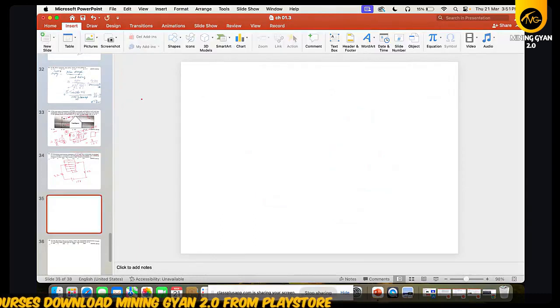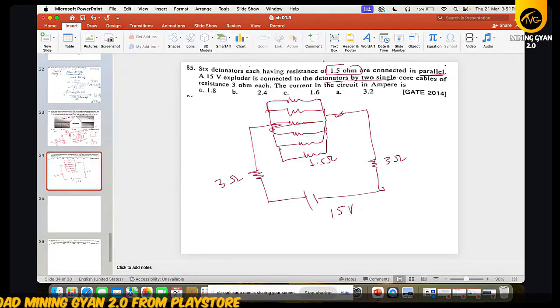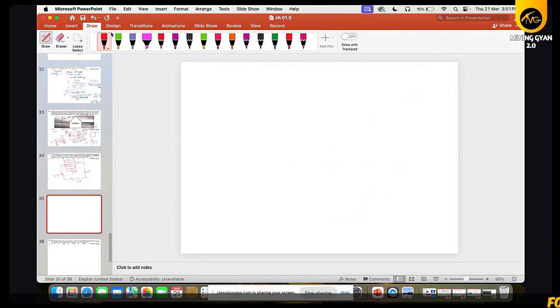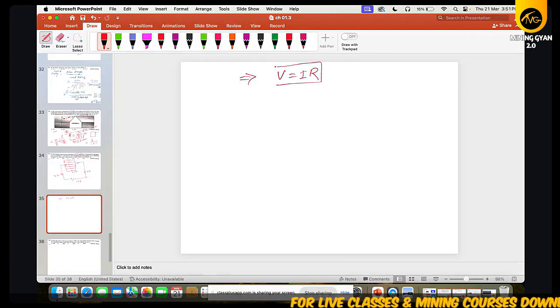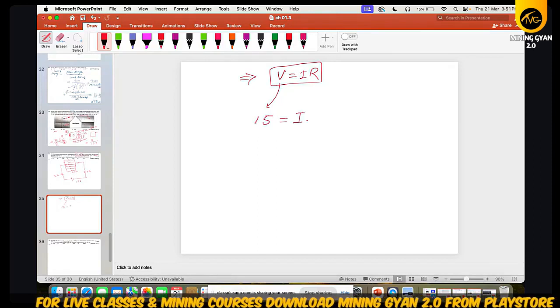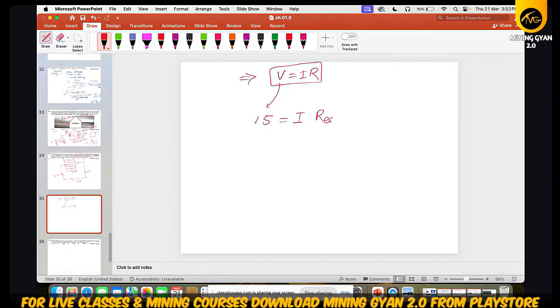तो इस क्वेश्चन में करना क्या है? In this question you have to find out the current. So you have read in your previous classes और 10वीं 12वीं में पढ़ा होगा कि V बराबर IR, बेसिक. Voltage they have provided us 15, I we have to calculate.